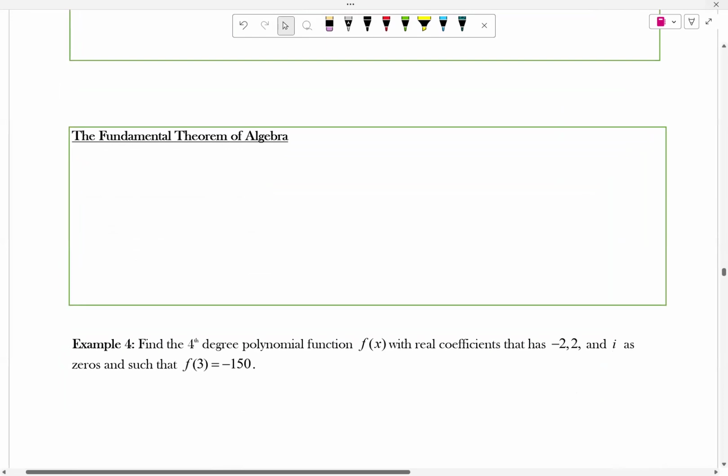Let's do this one first. The fundamental theorem of algebra. Seems kind of big, doesn't it? I don't want to get this wrong, so I'm going to copy this from the book.